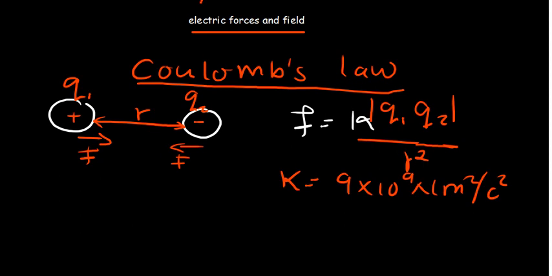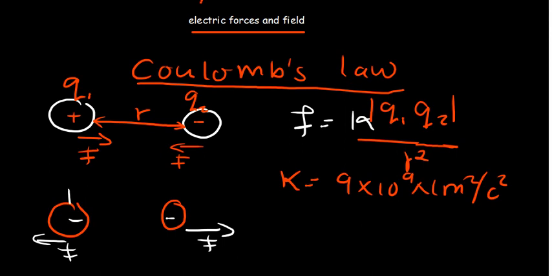What if we have like charges? Sometimes you can have like charges. What will happen there? These two are going to exert forces going in those directions, and still we are going to experience a distance.